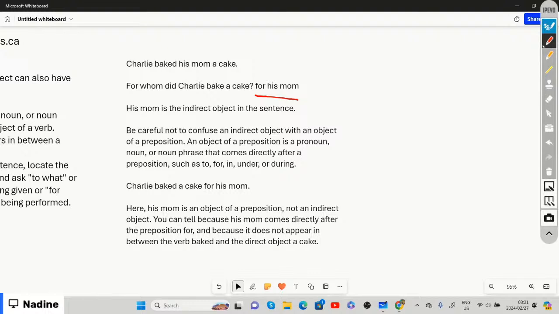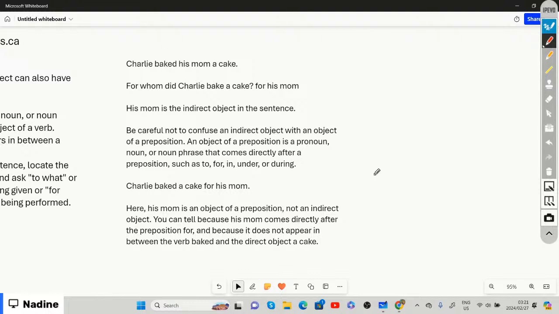So when it comes to direct and indirect objects, we also need to know the difference between them. Like we also said, we need to be careful not to confuse an indirect object with an object of a preposition. An object of a preposition is when the pronoun or the noun phrase comes directly after the preposition.